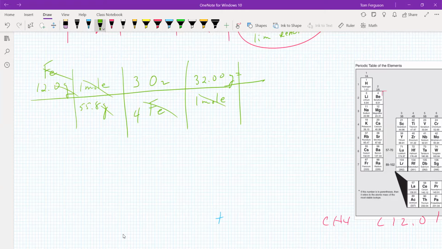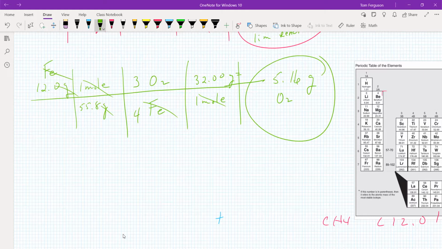So let's see how much oxygen is consumed when we totally burn up or use up all the iron. So we're going 12 times 3 times 32 divided by 55.85 divided by 4. So we're going to use up 5.16 grams of the oxygen burning 12 grams of iron.